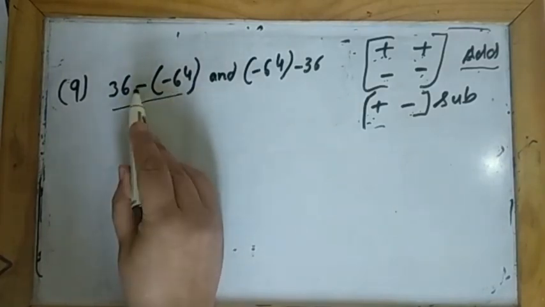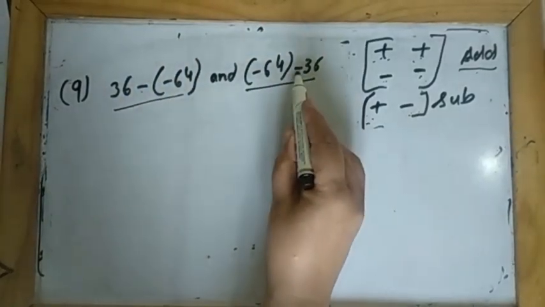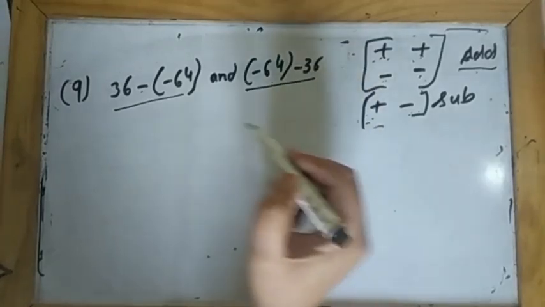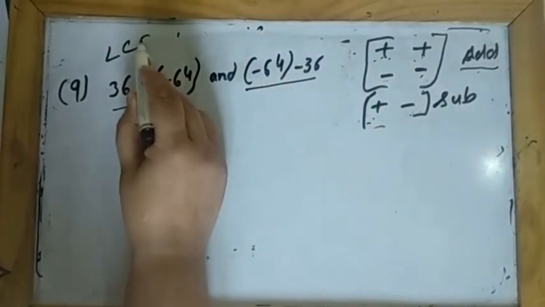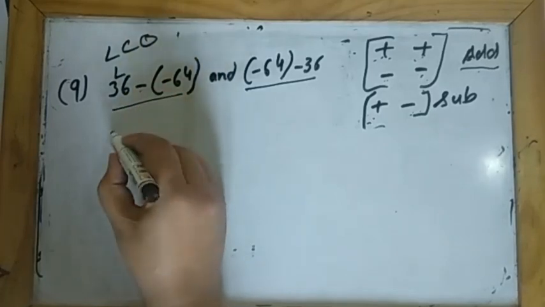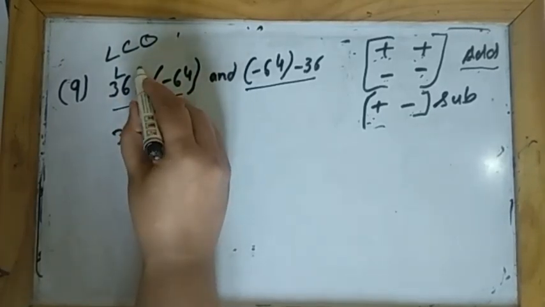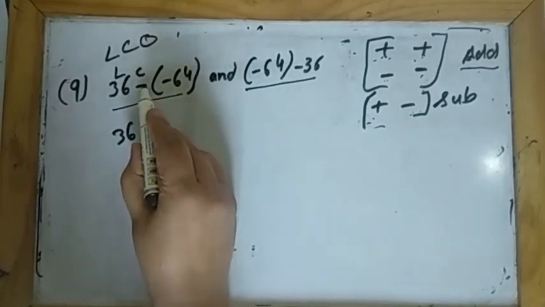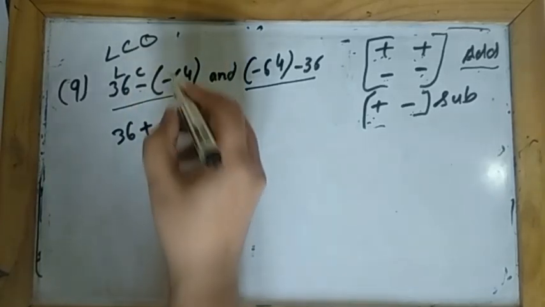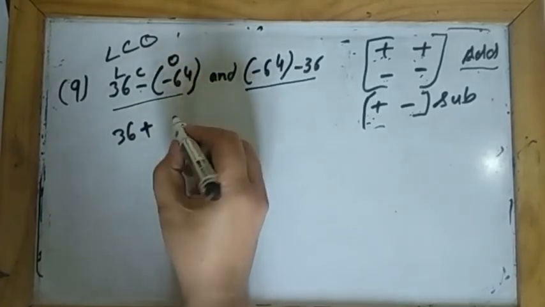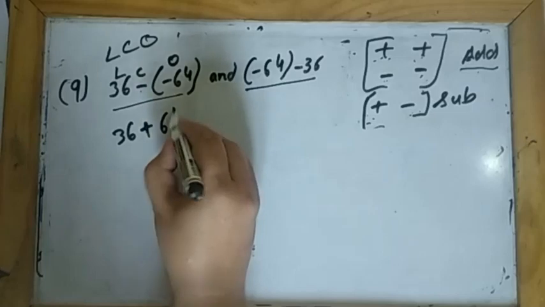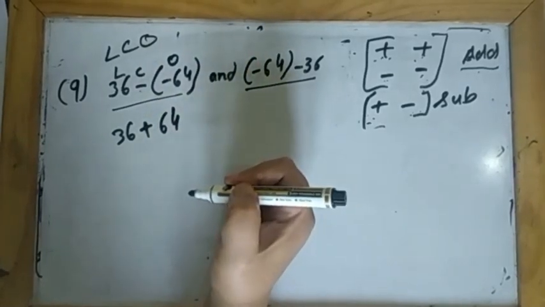This is a sum of subtraction, and this also is a sum of subtraction. So I have to apply the rule of LCO. Leave the first digit, change the sign of subtraction into addition, and write the opposite of the second integer, which will be positive 64.